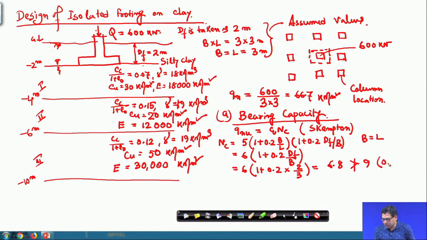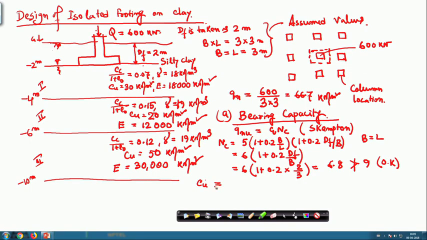So, it is okay, because for the square footing that value should not be greater than 9, as recommended. So, it is okay.